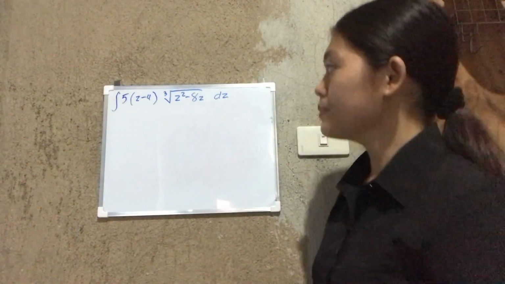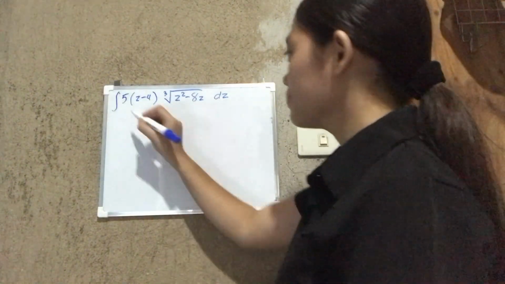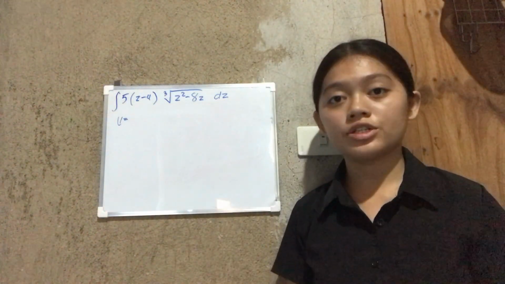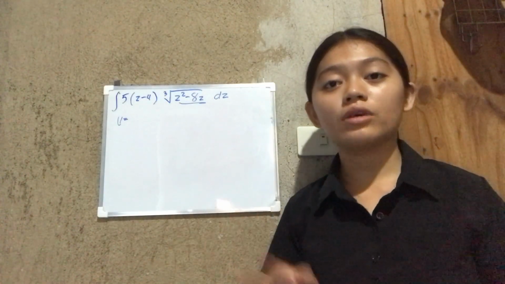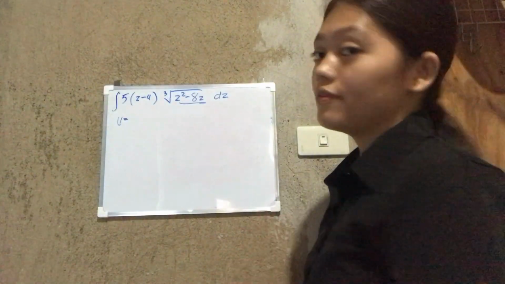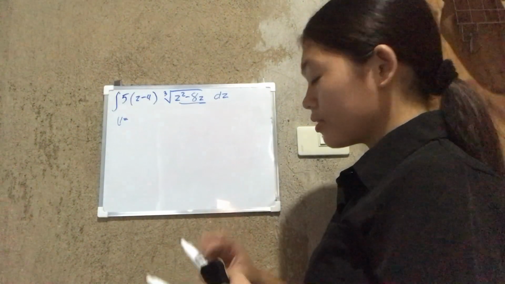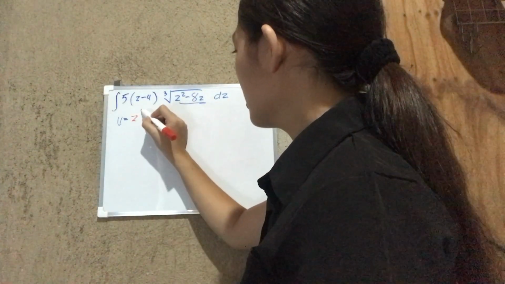Following the steps, let's look first for the inside function. It's very obvious that our inside function is z squared minus 8z, because, just like I said earlier, an inside function can be found in a radical. So let u be z squared minus 8z.